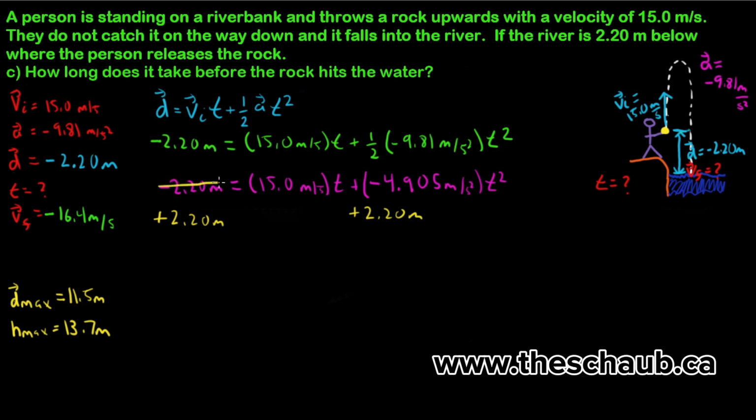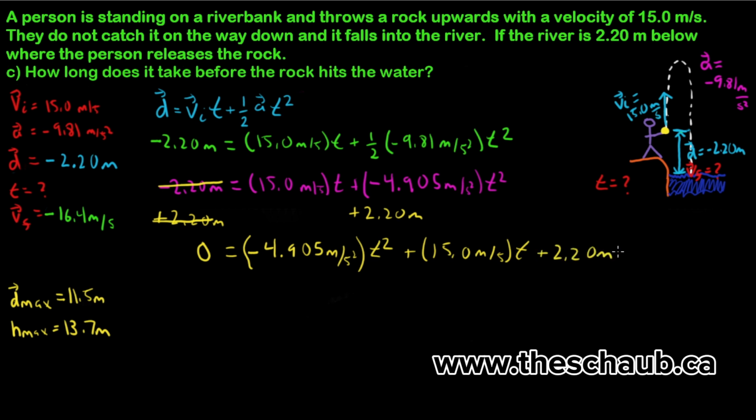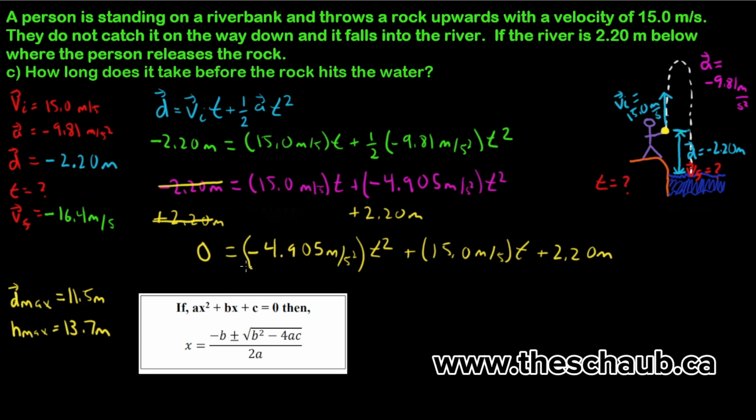So on this side, our negative 2.2 and our positive 2.2 cancel out, so it leaves us with 0 is equal to, I'm going to rearrange these terms quickly, putting the t squared term first, so is equal to negative 4.905 meters per second squared, multiplied by our t squared, plus 15.0 meters per second t, plus 2.20 meters. In our quadratic formula here, this here is our A term, this here is our B term, and this here is our C term.